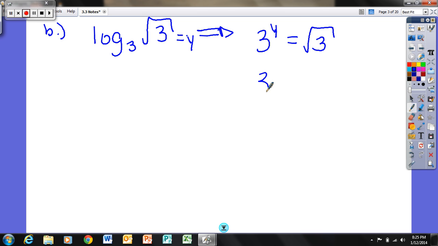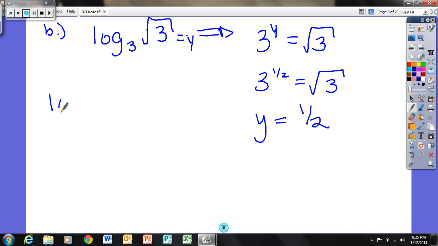And we know that 3 to the 1/2 is equal to the square root of 3. So that must mean that y is equal to 1/2. So log base 3 of root 3 is equal to 1/2. That would be your final answer. Let's try a couple more.